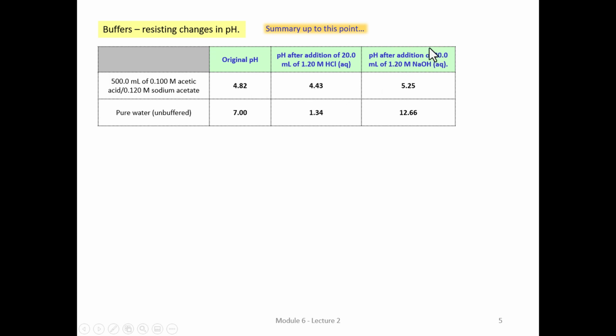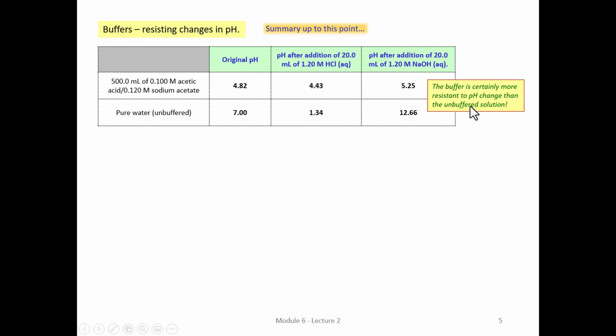After addition of the strong base, it went up some. We compared this to an equivalent volume of pure water, where the original pH would at least theoretically be 7. It drops like a rock in the unbuffered solution, and it goes up like a rocket in an unbuffered solution upon addition of strong base.